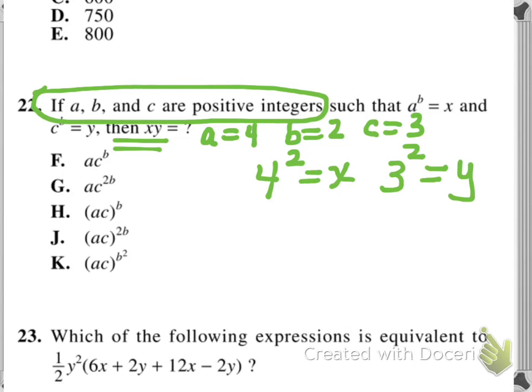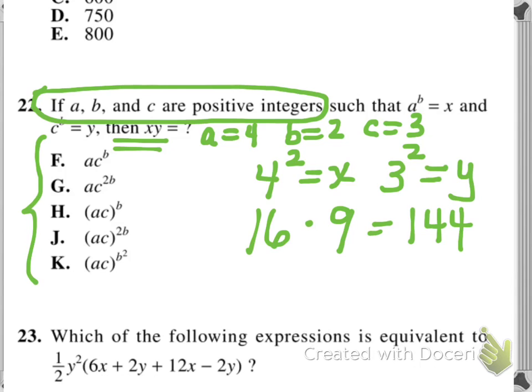So I multiply X, which is 16, 4 squared, by Y, which is 3 squared, or 9. 16 times 9 is, get out my trusty calculator, 144. So all I do is look through the choices and decide which one gives me 144 with my chosen values.